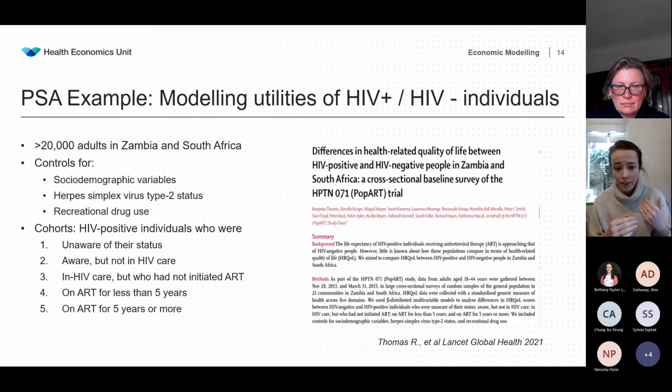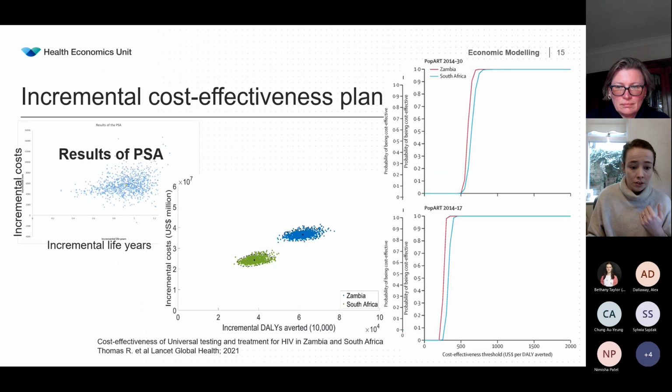So that same trial that they did on HIV and HIV negative individuals, they did a PSA as well, and the results from that are shown here. So this is what the results of a PSA will typically look like in a paper.